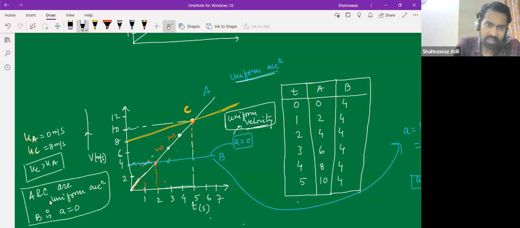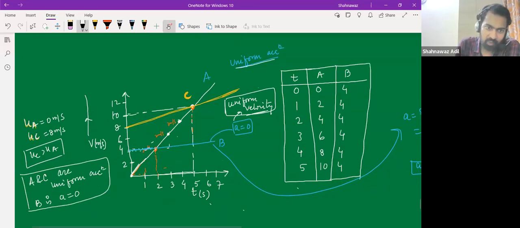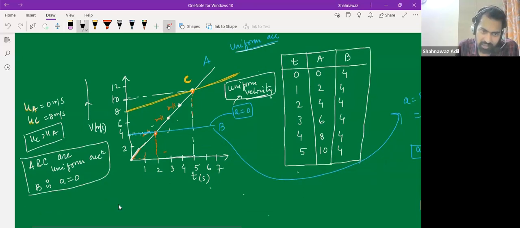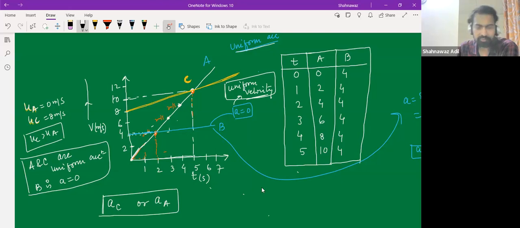Now, can you guys tell me which has the greater acceleration, AC or AA? Which has the greater acceleration? So acceleration in the graph is defined by what?